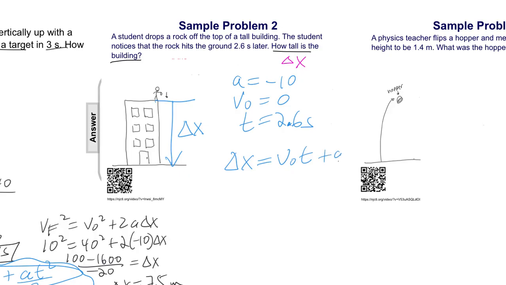VOT plus AT squared over 2. So we're looking for delta x. Delta x equals, VO is 0, so that knocks that out. Negative 10 is A. And then T is 2.6 squared over 2. So 5 times 2.6 squared is 33.8.